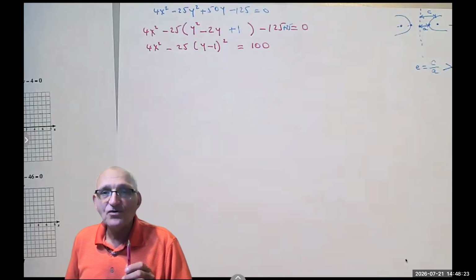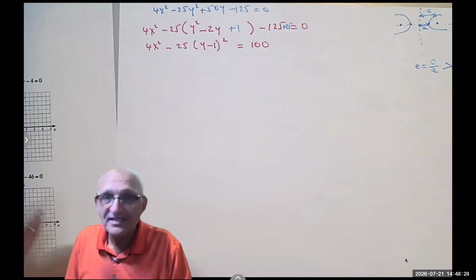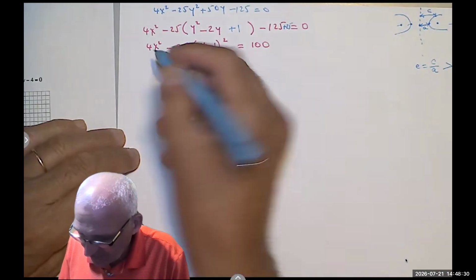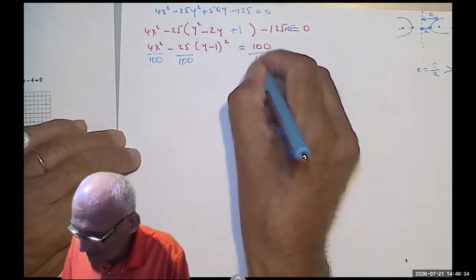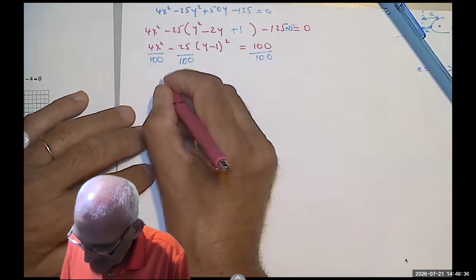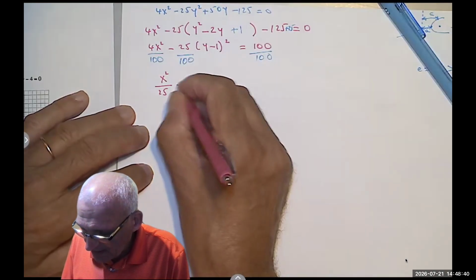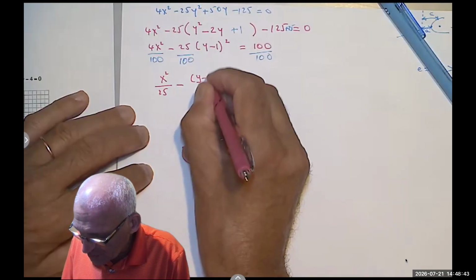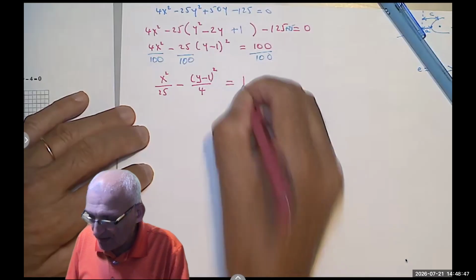We know that for ellipses and hyperbolas, I want the right-hand side to be 1. So I'm going to divide by 100. And I get x squared over 25 minus (y minus 1) squared over 4 equals 1.